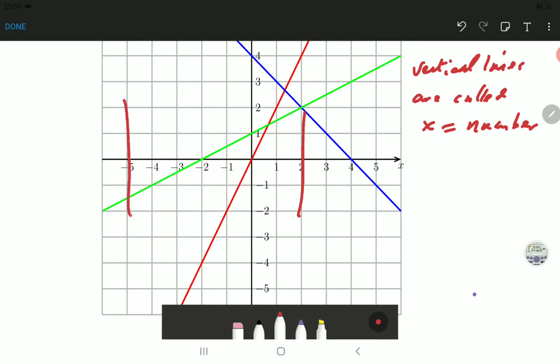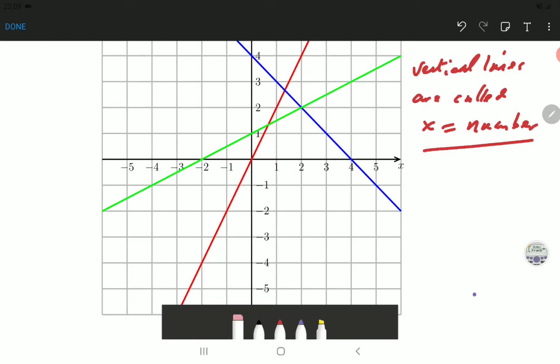This line is x equals minus 5. This line is x equals 3. This line, which is the y-axis, is x equal to 0.